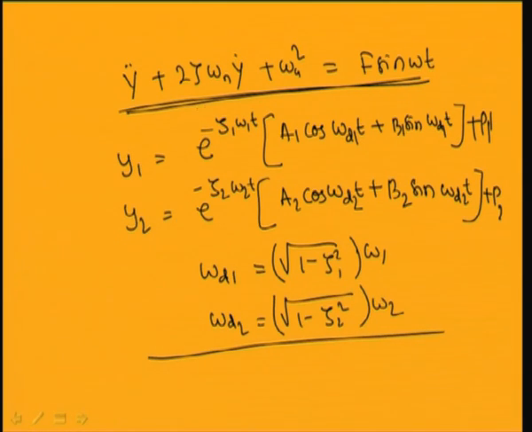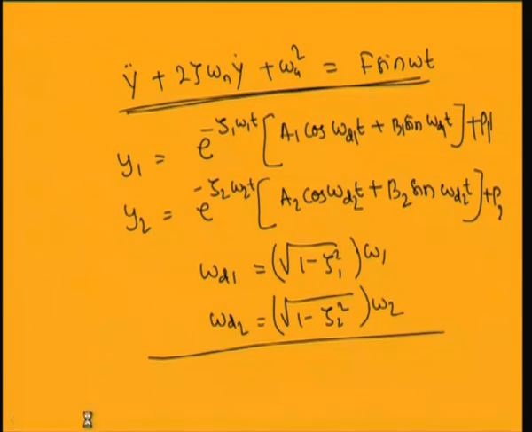Here k1 by m1 equal to omega 1 square and k2 by m2 equal to omega 2 square, where omega 1 square you have already found, that is equal to lambda 1, equal to 15.7, and omega 2 square is equal to 159.3.